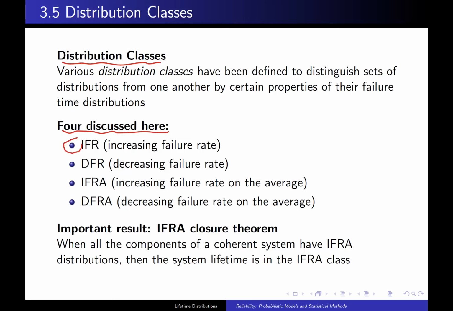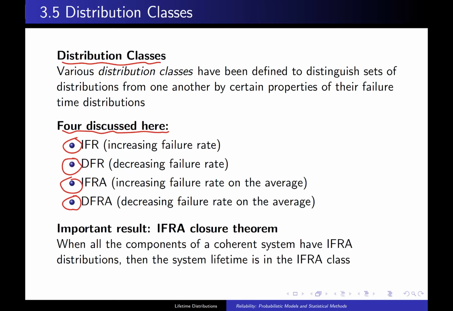They are IFR, which stands for increasing failure rate, DFR, which is decreasing failure rate, IFRA, which is increasing failure rate on the average, and DFRA, which is decreasing failure rate on the average. There's an important theoretical result known as the IFRA closure theorem, which we will run into along the way.